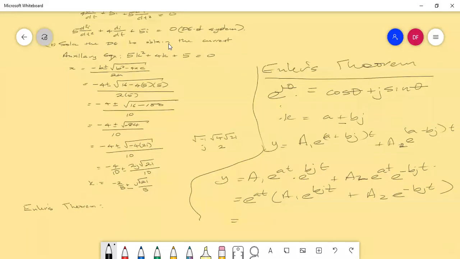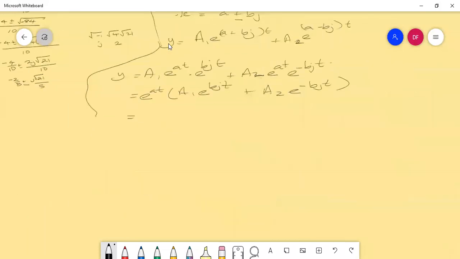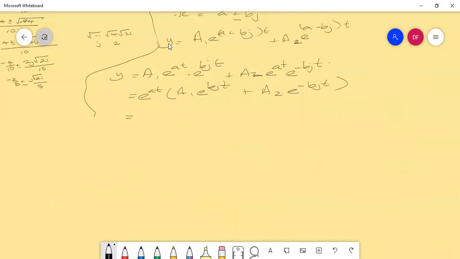So if we use Euler's theorem, we're going to have e to the at times a1 (cos bt plus j sin bt) plus a2, and we're applying Euler's theorem to this part here now.